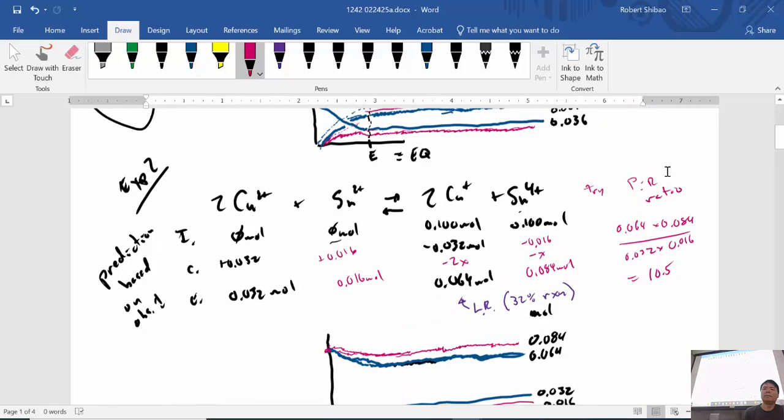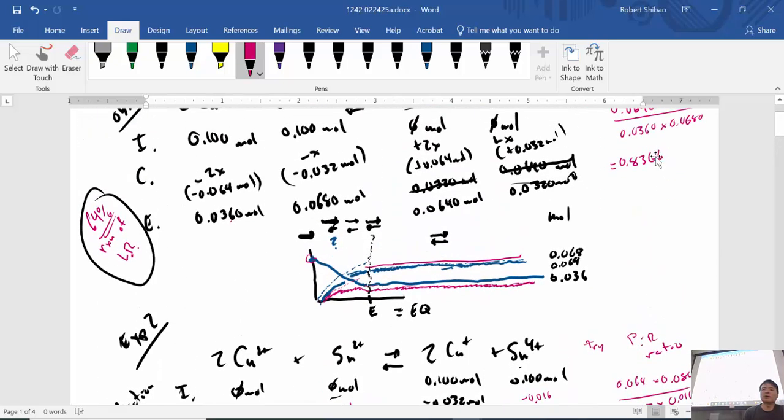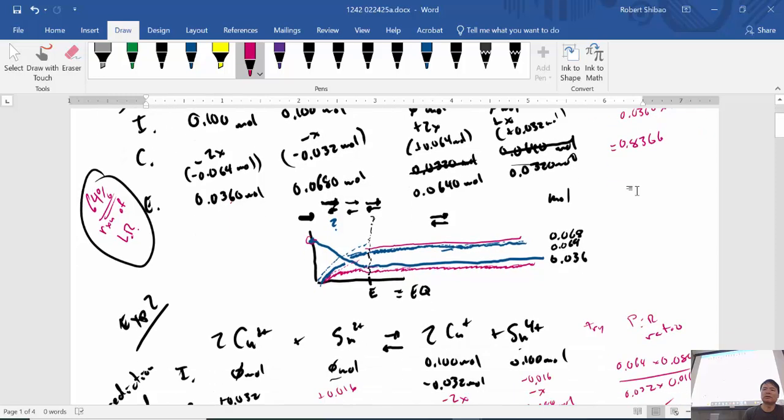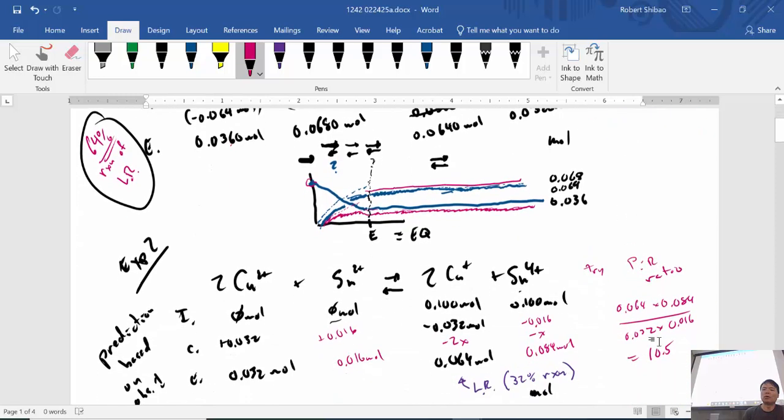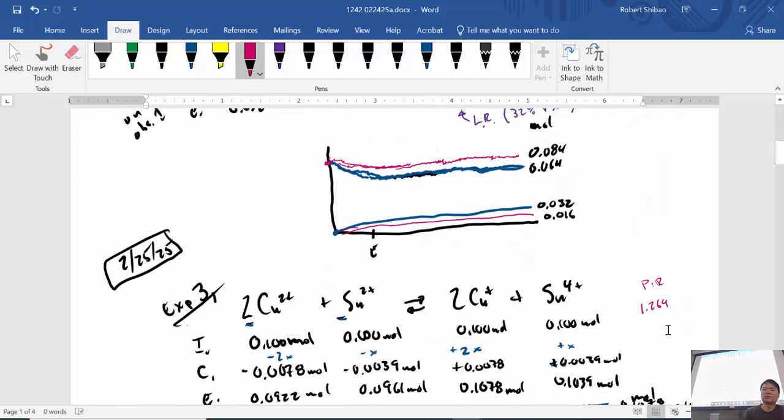So in other words, on the first experiment, I end up with less product. It's less than 1 product to reactant ratio. On the second one, I end up with a lot more product. And on this one, I end up with a little bit more product.